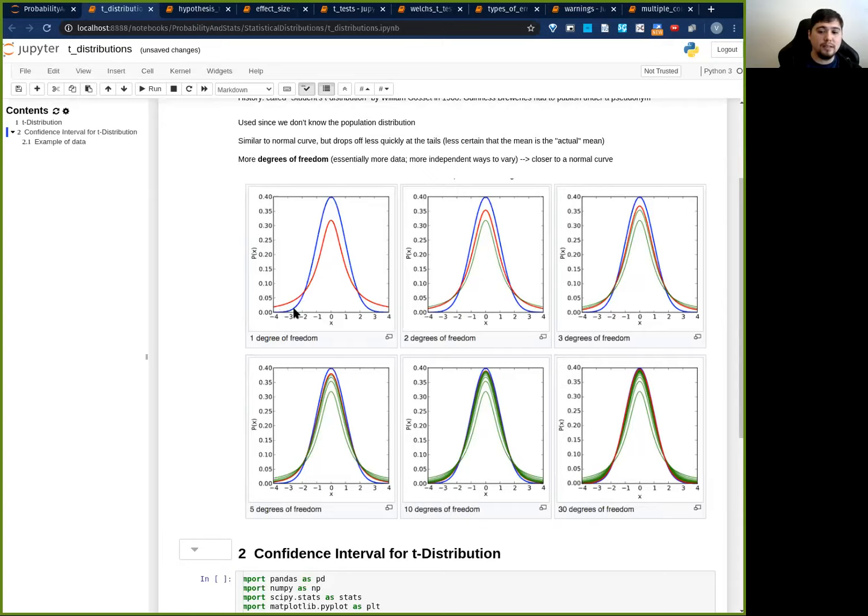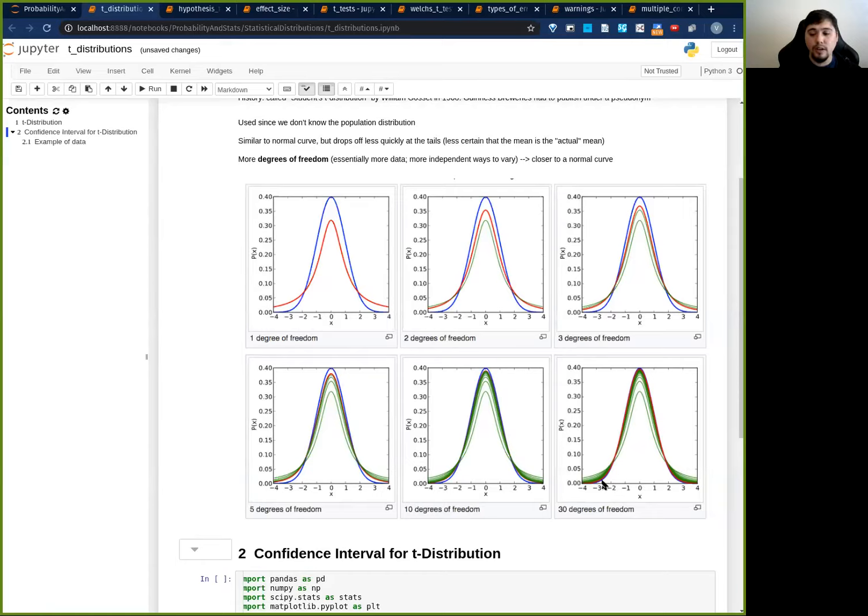The reason is that if you're only sampling a small number of people, you're more likely to get extreme values, because you only have to get one person. If you're only sampling one person and you get that one weirdo in the group, they're more likely to be at the very extreme ends. That's why we say it has fatter tails. As we increase the degrees of freedom, you can see 1, 2, 3, 5, 10, 30.